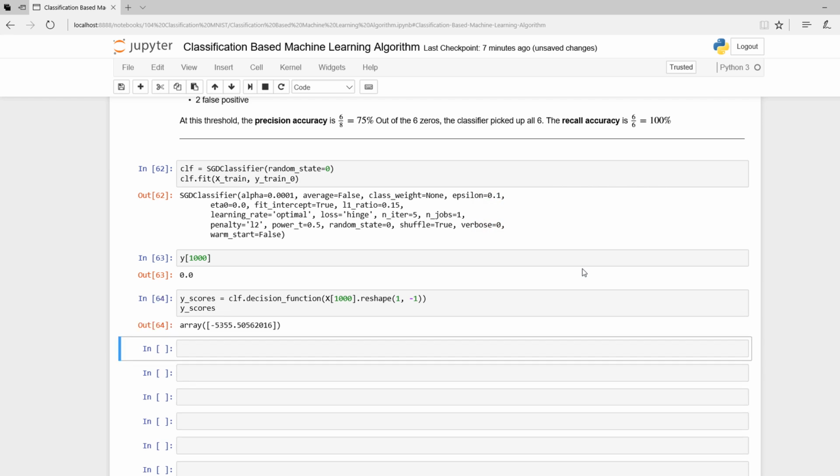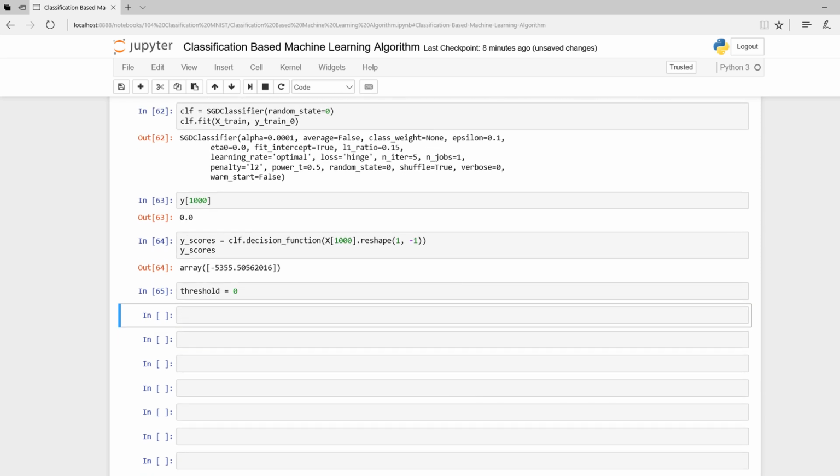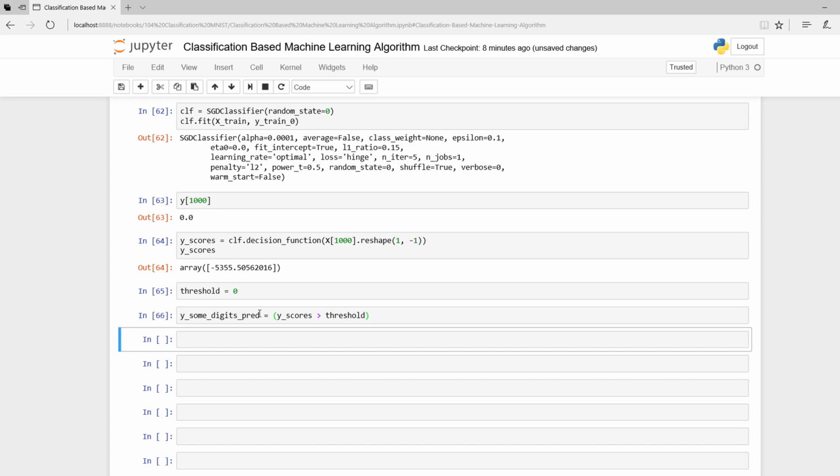And the score here is negative 5355. Because our threshold is 0, that means our decision threshold is 0. So if we want to make a prediction, y score greater than the threshold, if it is greater than the threshold, then it's true. If it's below the threshold, then it's false.